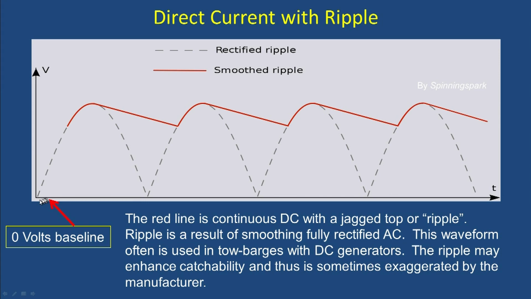It then becomes a DC waveform, and then it's transformed to this profile here, which is the ripple. So that's what you see, kind of a sawtooth DC. Not exactly smooth, so it's sometimes called ripple DC.